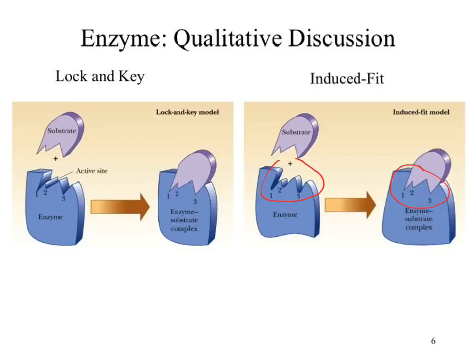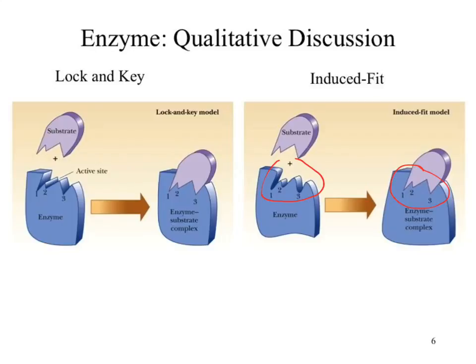So that's kind of the idea between these two different mechanisms, either lock and key or induced fit. So lock and key, nothing really changes, it just binds, done. Induced fit, substrate comes in, enzyme sees it, changes its structure to account for the substrate's presence, and then we can move on. And then we've formed what's referred to as our enzyme substrate complex.